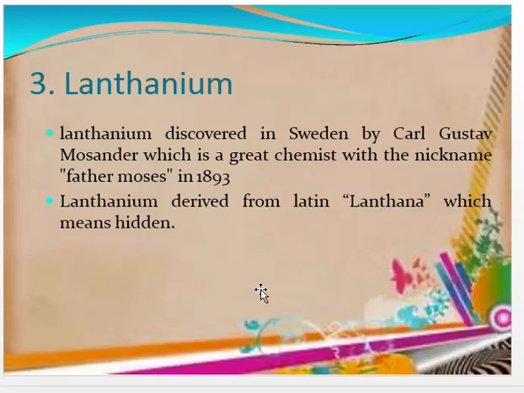About lanthanum, this is the third element of this group. Lanthanum was discovered in Sweden by Carl Gustav Mosander, a great chemist with the nickname Father Moses, in 1839. Lanthanum is derived from the Greek lanthanein, which means to lie hidden.